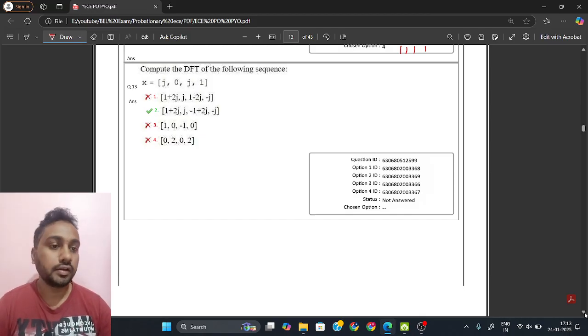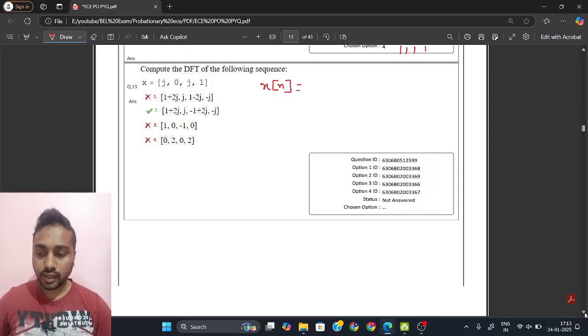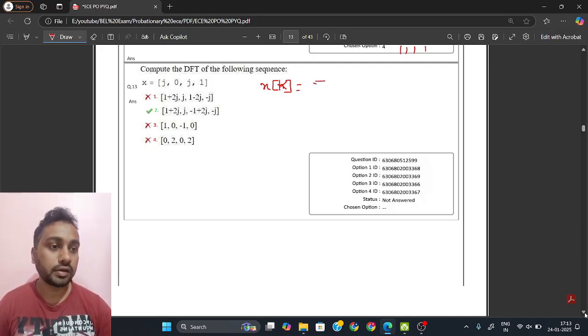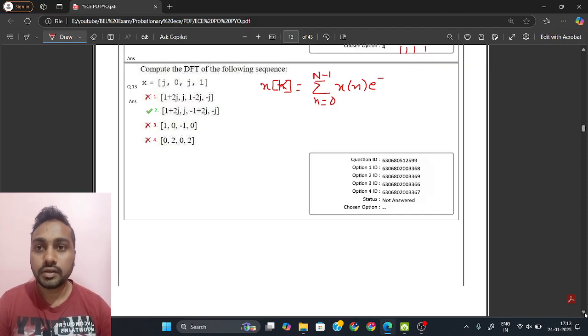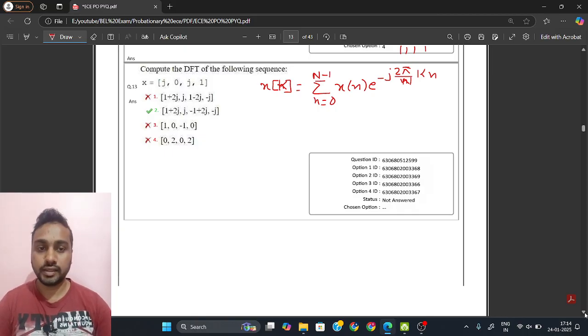Generally there is one formula for that: X of k is equal to the summation from n equal to 0 to N minus 1 of x of n times e to the power minus j 2 pi by N, k n. This is the formula to find the DFT.